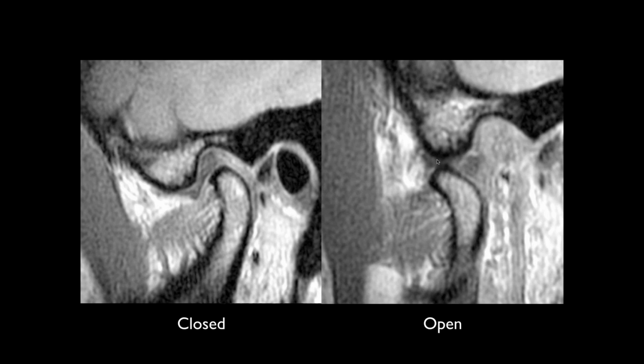And now we can see it captures the disc, and the normal narrow part of the disc should be between the arcuate eminence, which we see above, and the condylar head here, and this would be the posterior aspect of the disc, and this is the anterior aspect of the disc. And notice how increased space you have here posteriorly, which is just filled by loose areolar tissue and the retrodiscal attachment structures when you're in the open mouth position.